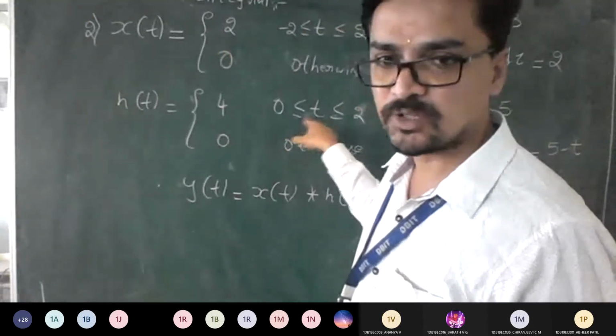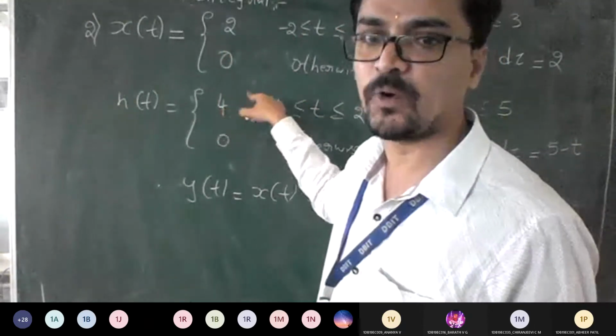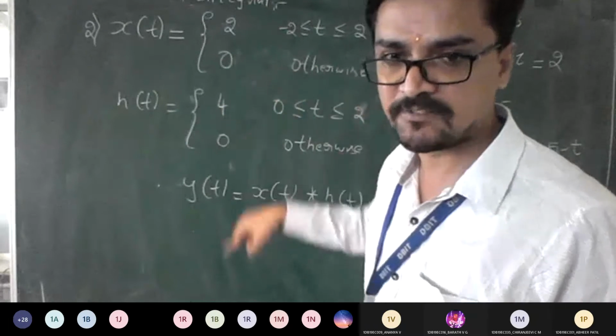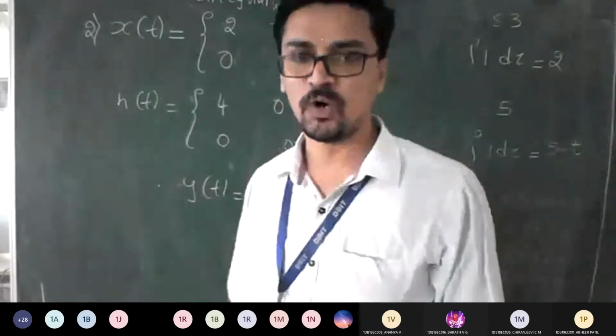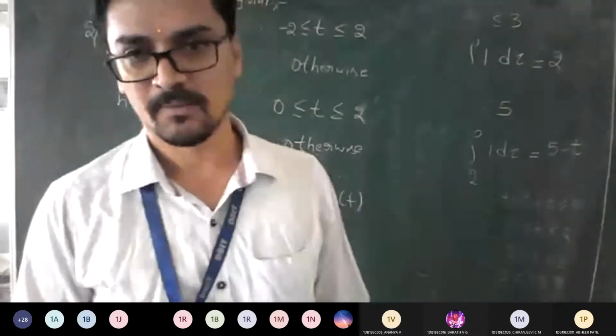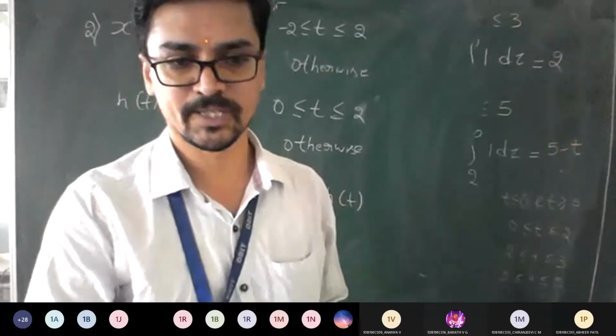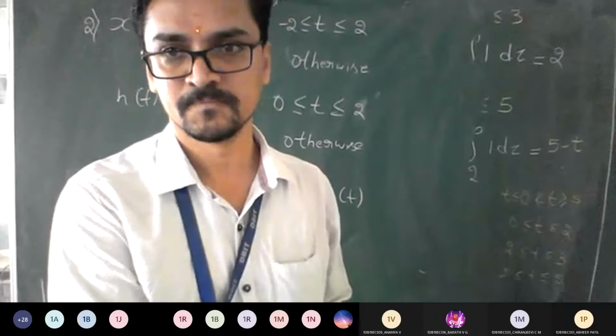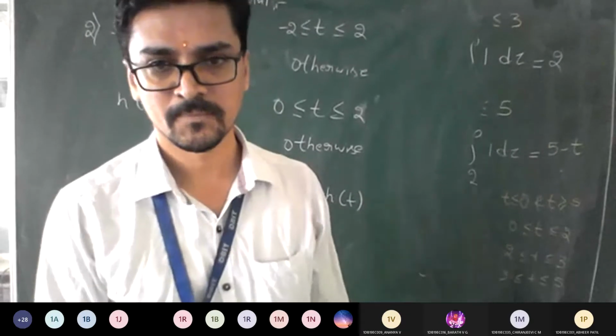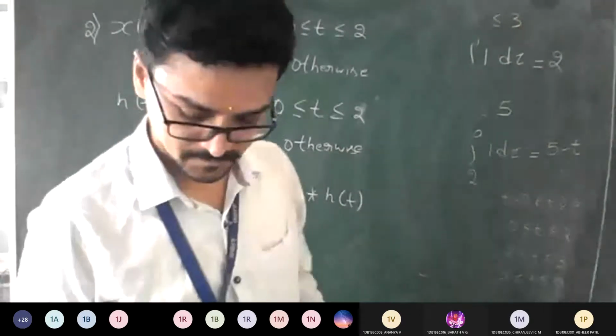Similarly, between 0 to 2 with amplitude of 4, there is one more signal. Try to sketch that first, then you can go with the convolution part. I hope you got the question, everyone.